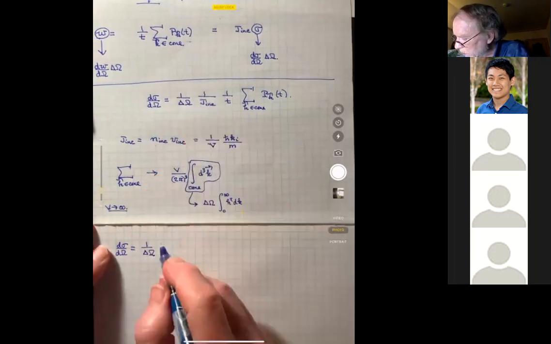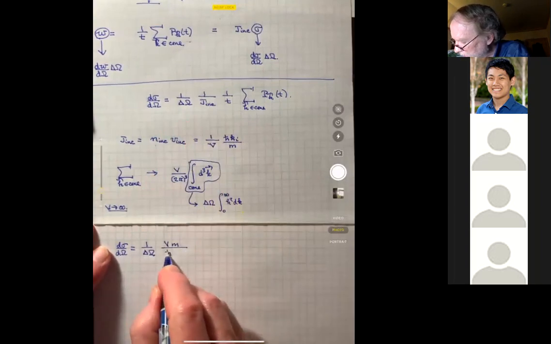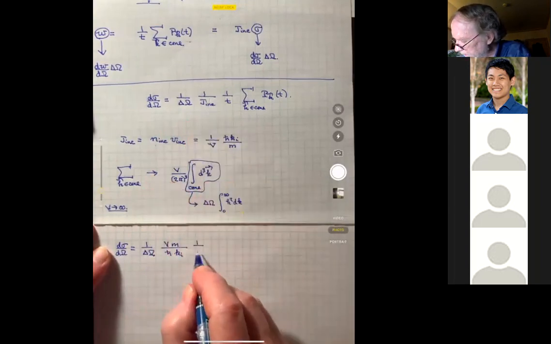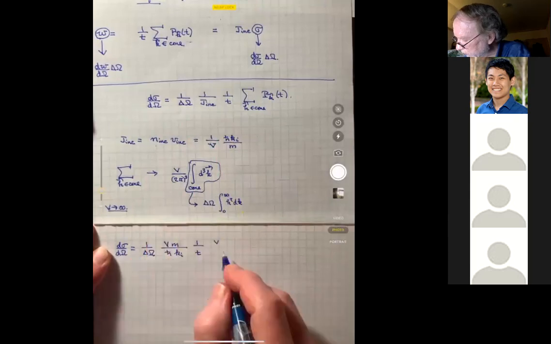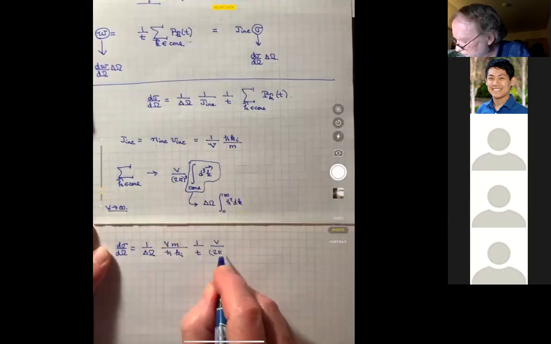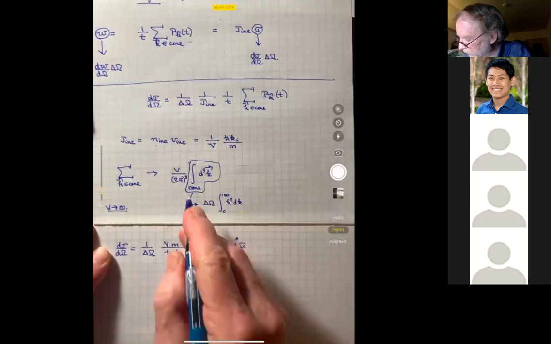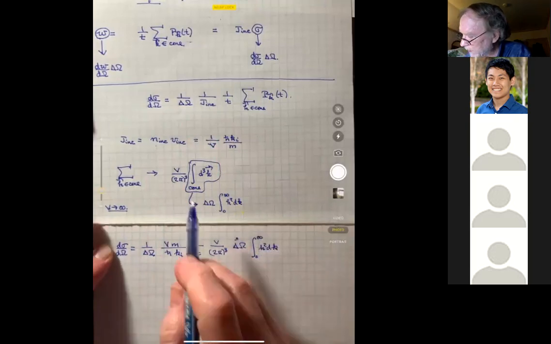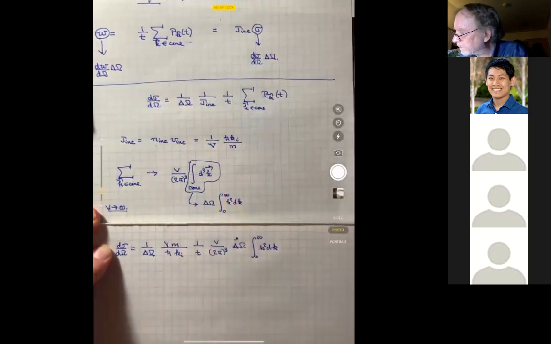J incident is V times the mass m divided by h bar k_i. Then 1 over t. Then the sum on the cone turns into the volume over 2 pi cubed times delta omega, times the integral from 0 to infinity of k squared dk. That takes care of everything up through the sum, and now I need the P_k of t.